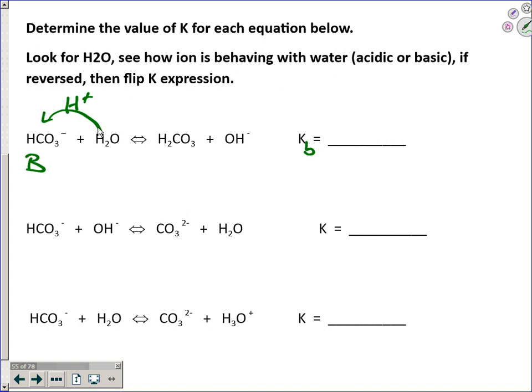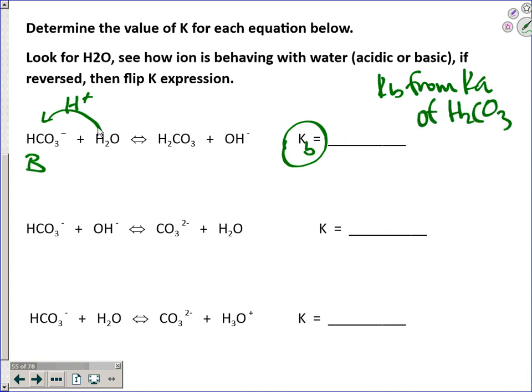Now this ion is not truly a base. It's bicarbonate, an ion. So it's the conjugate base of who? Carbonic acid. So how am I going to find this Kb? I must find Kb from the Ka of carbonic acid. Now, we're dealing with polyprotics, right?